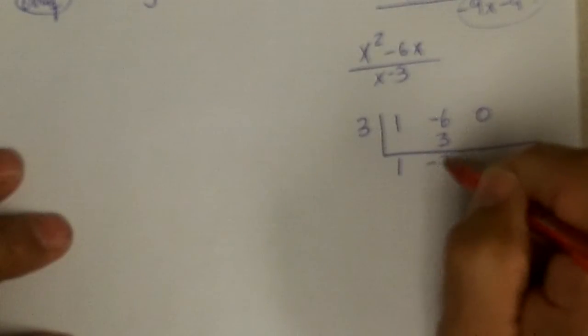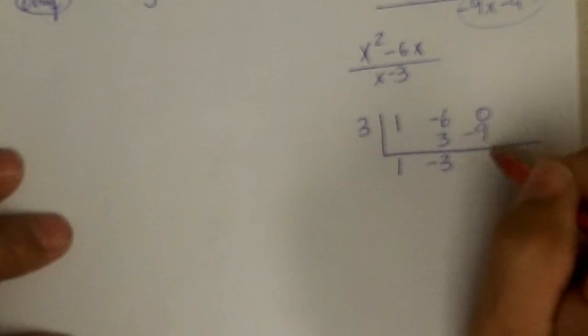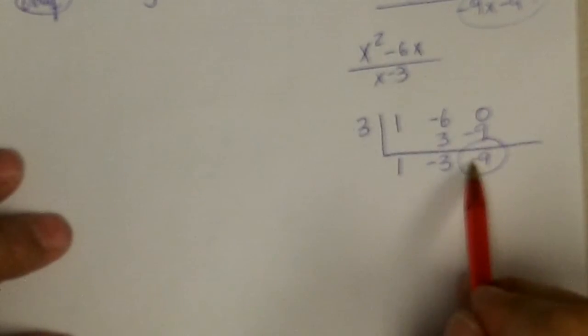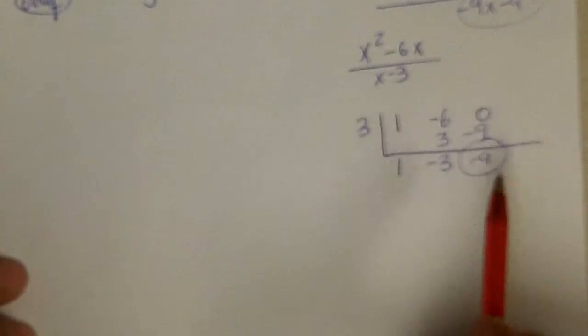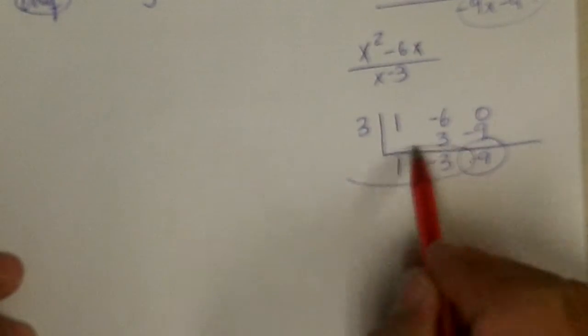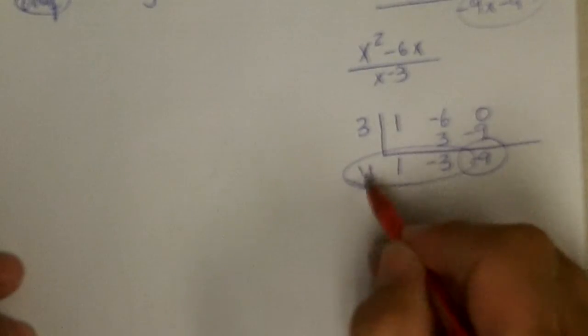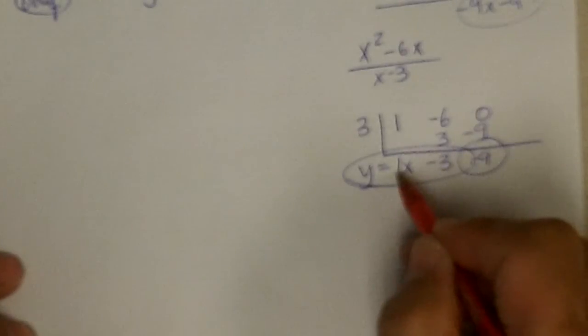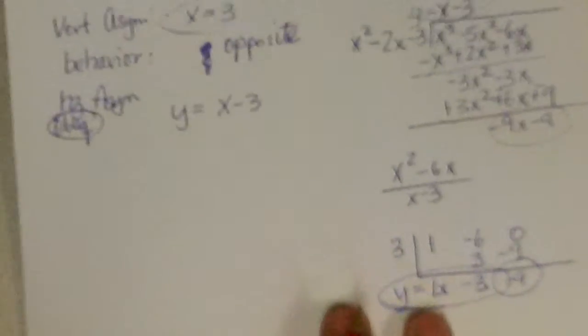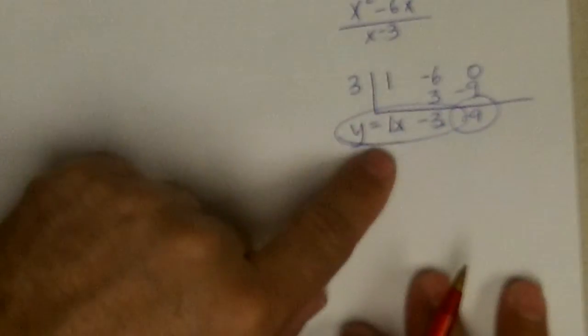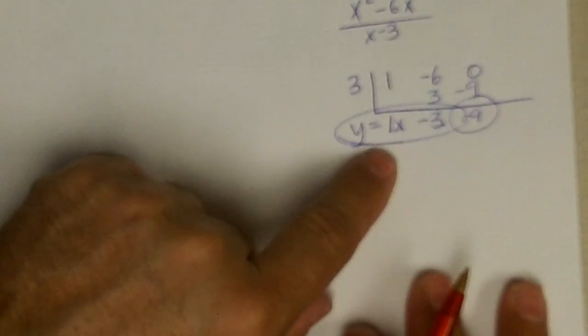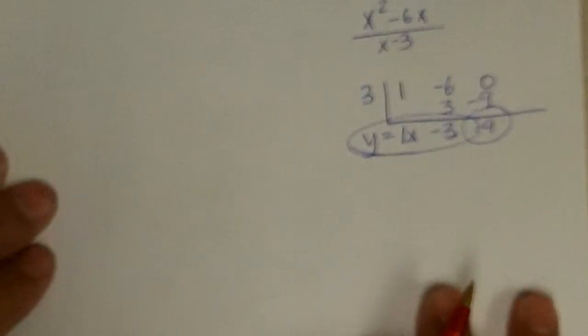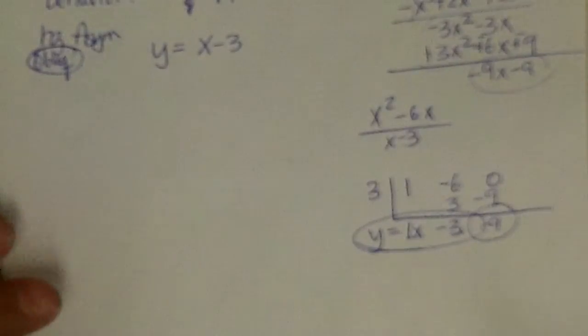That would be minus 3 times that's minus 9. And that comes out minus 9. So there's my minus 9 over what I'm dividing by. But here is my oblique asymptote. y equals 1x minus 3. Same thing we had here. So I could have done synthetic division to get it, since it was down to a single factor.